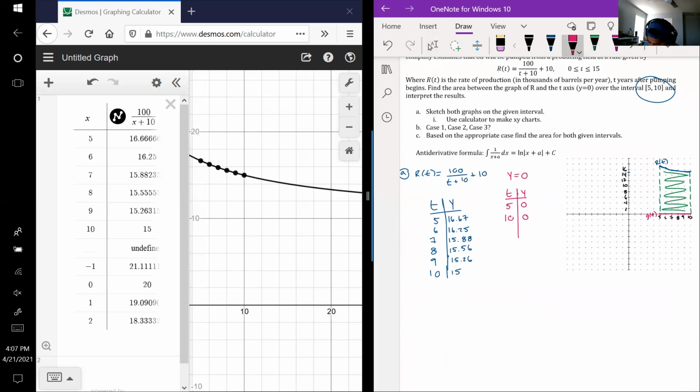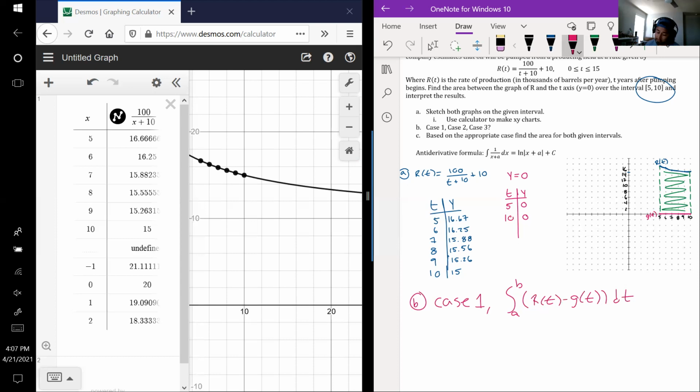So for B, we have a case 1, and we know that setup is the integral from a to b of r of t minus g of t with respect to t.